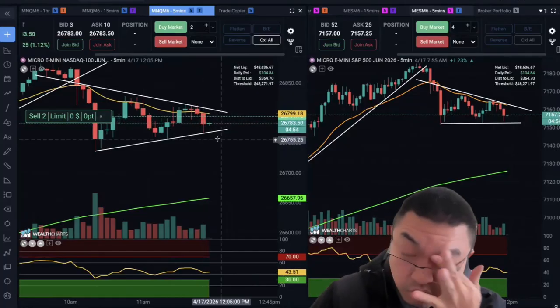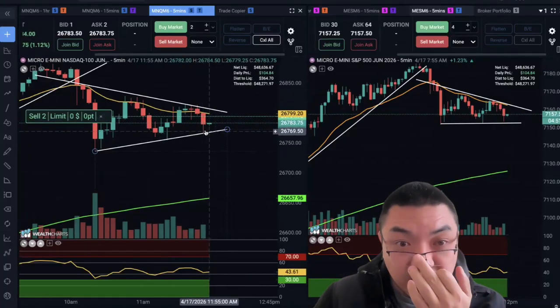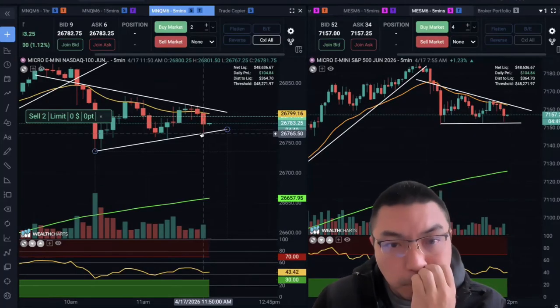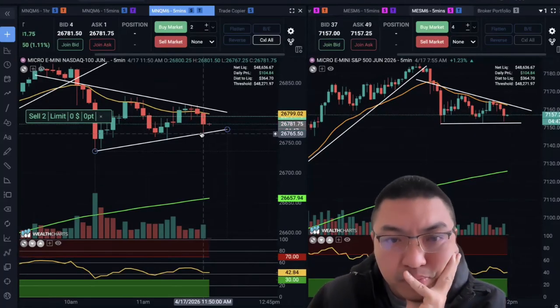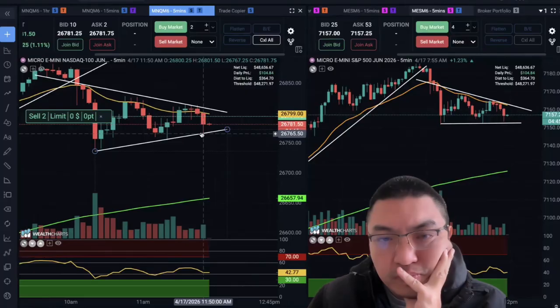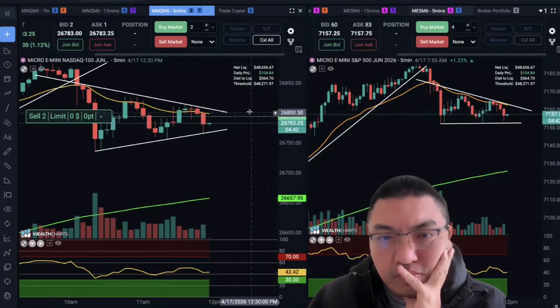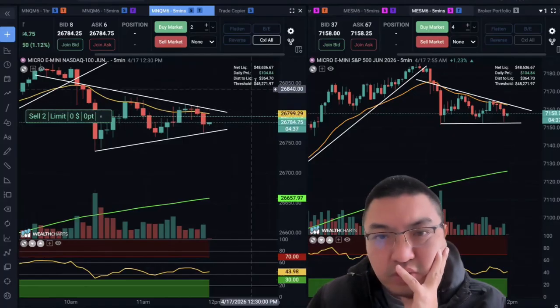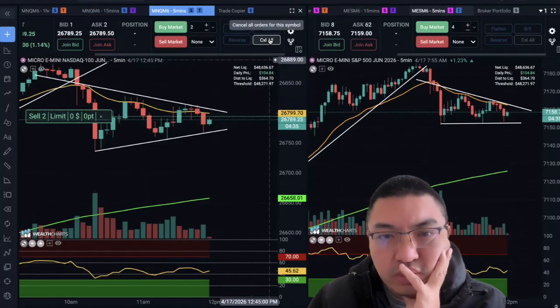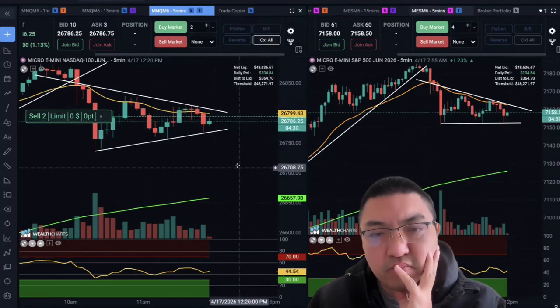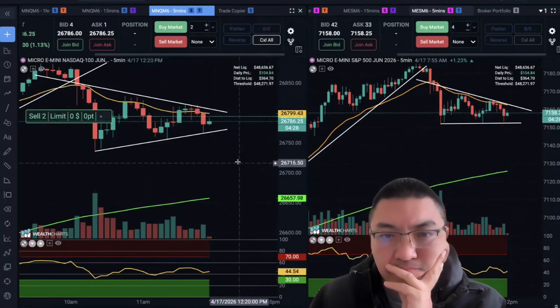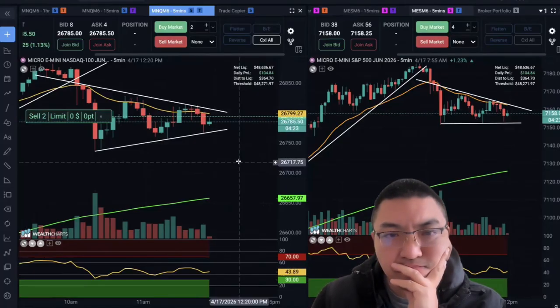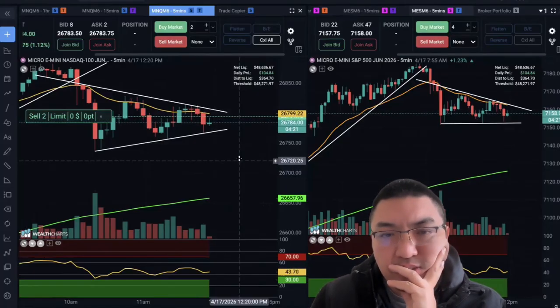Some big player wants to go short, wants to sell a lot, but some people defend here. So it's still a sideways range.